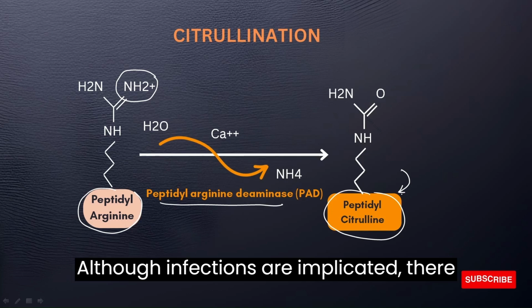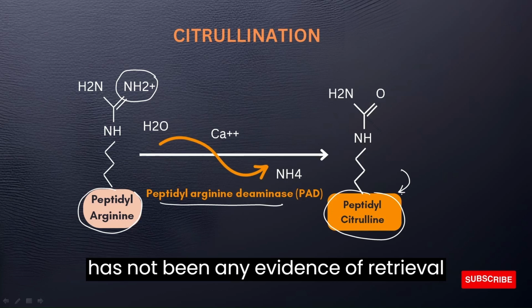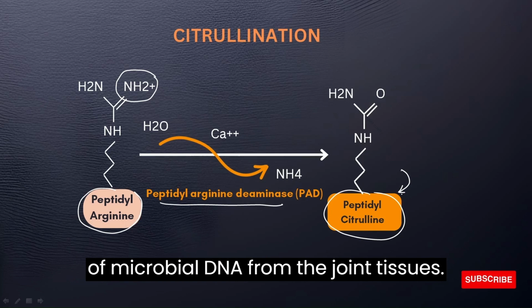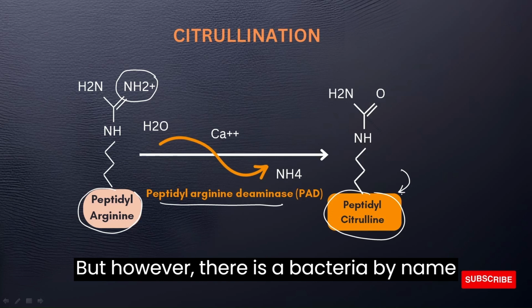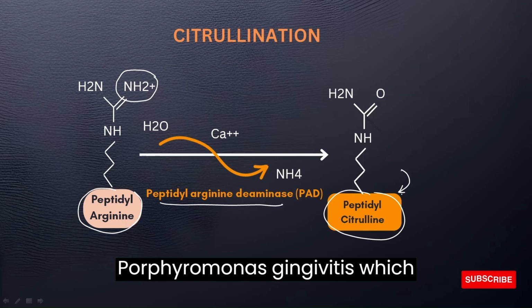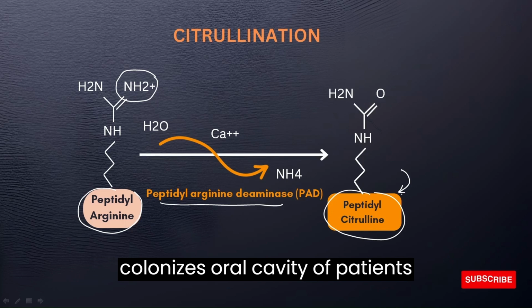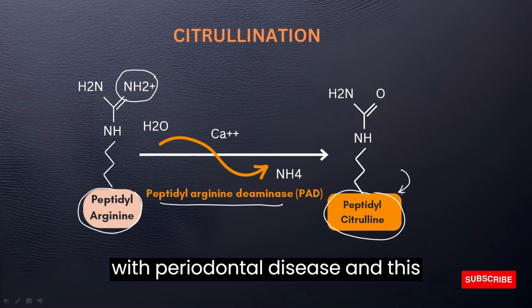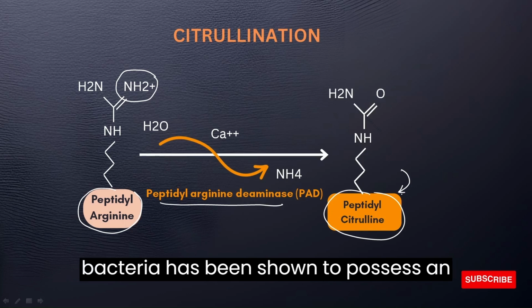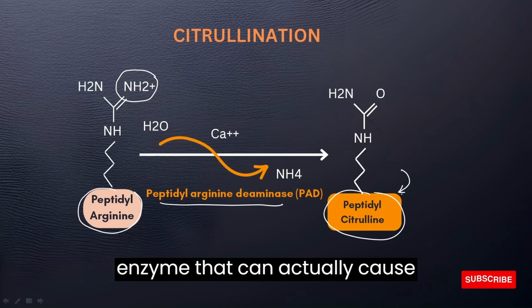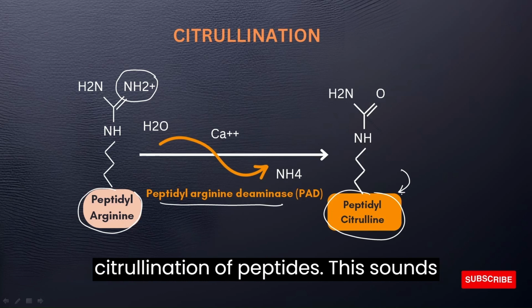Although infections are implicated, there has not been any evidence of retrieval of microbial DNA from the joint tissues. However, there is a bacteria by name Porphyromonas gingivalis, which colonizes the oral cavity of patients with periodontal disease. And this bacteria has been shown to possess an enzyme that can actually cause citrullination of peptides.